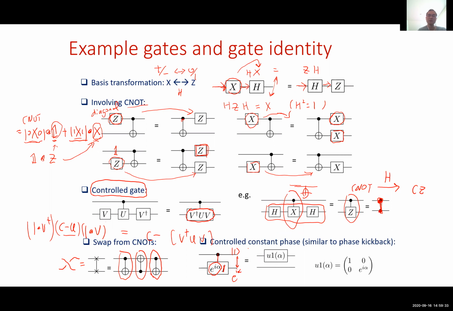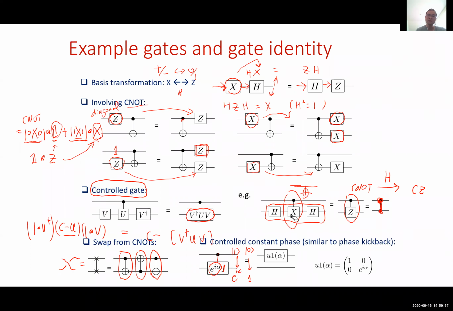But if this one is 0, then it's just 1. So how do I understand this equality? This says that a control phase shift is equal to a single-qubit phase gate on the control bit.